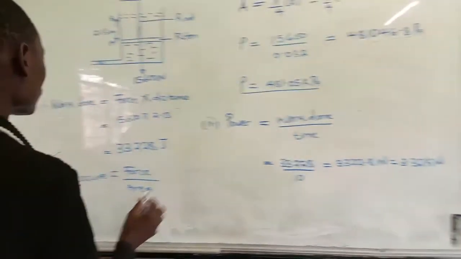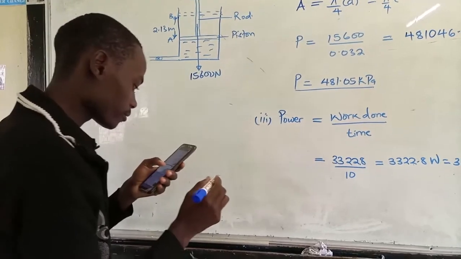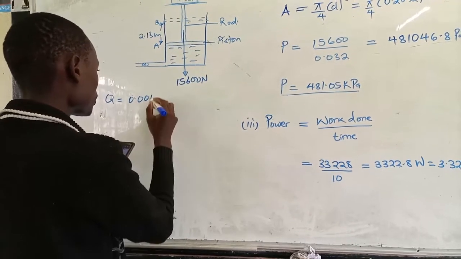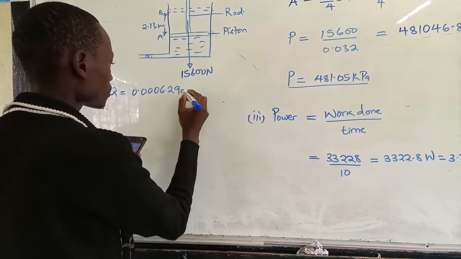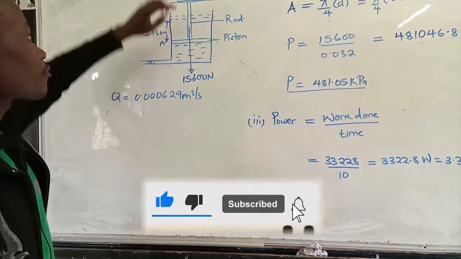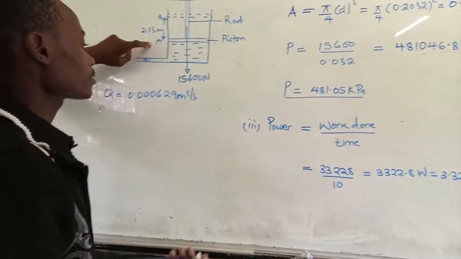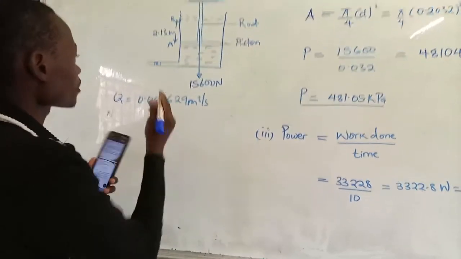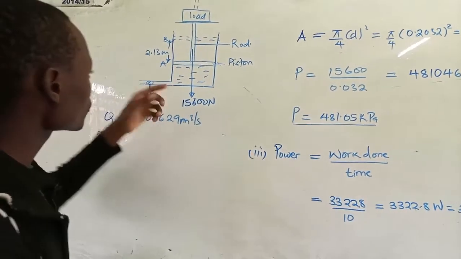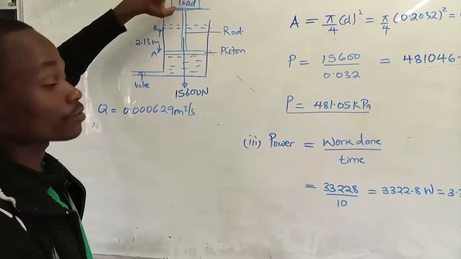for this flow rate given. Roman 3 has given us a flow rate of 0.000629 cubic meters per second. Now, if you want to lower this load from B to A, you just have to open this valve so that the fluid flows out under the pressure due to the load.